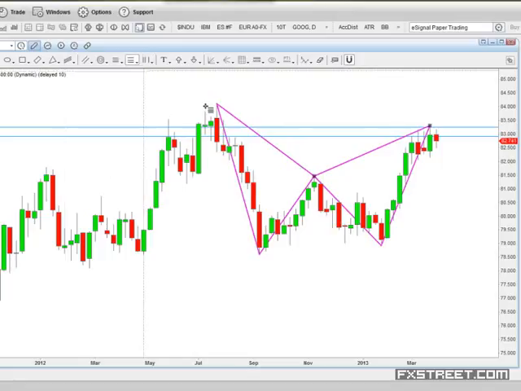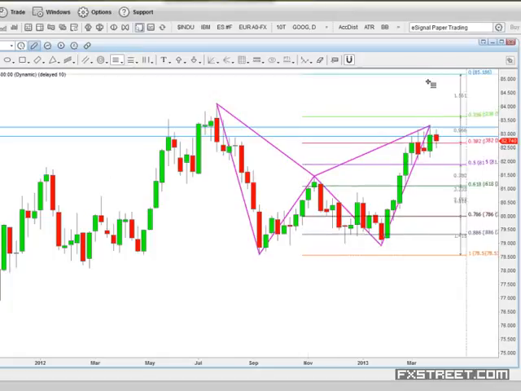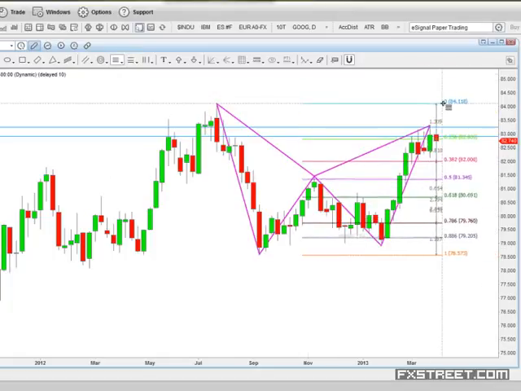What we're looking for in the dollar index of this pattern is a move to between 50 and 61.8% of the whole formation, which is 81.34, 80.69. These are minimum targets, but you've got to remember we're looking at a weekly chart here, so that's a decent move on the currency pairs.